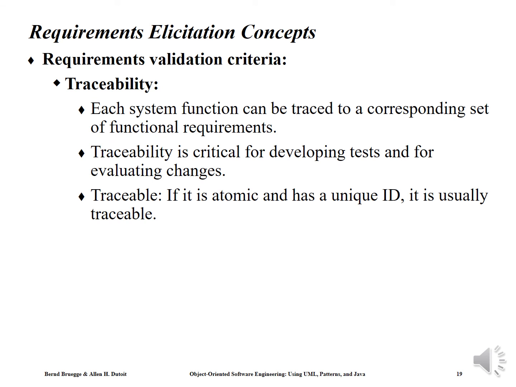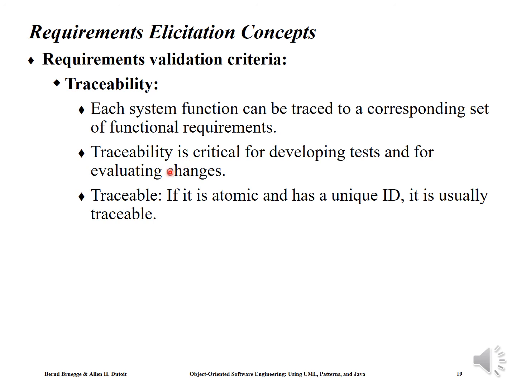So another aspect is traceability. So each system function can be traced to a corresponding set of functional requirements, and traceability is critical for developing tests and for evaluating changes.